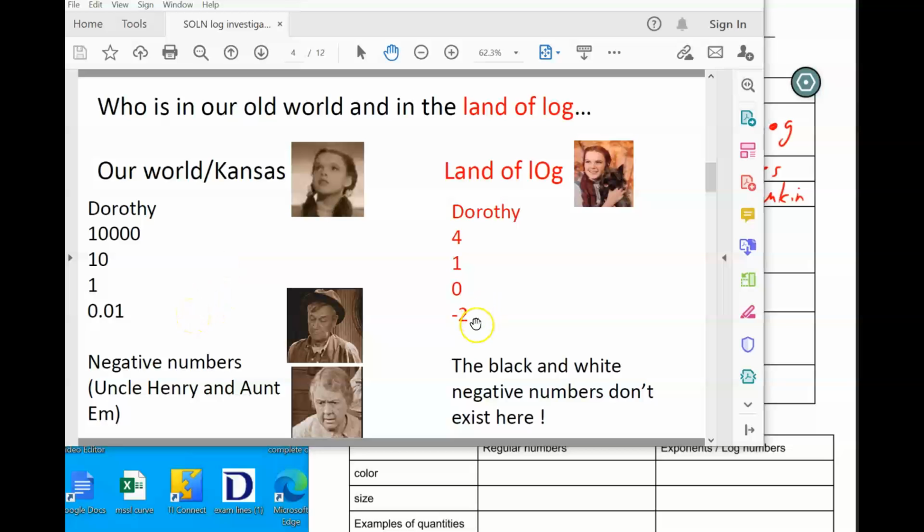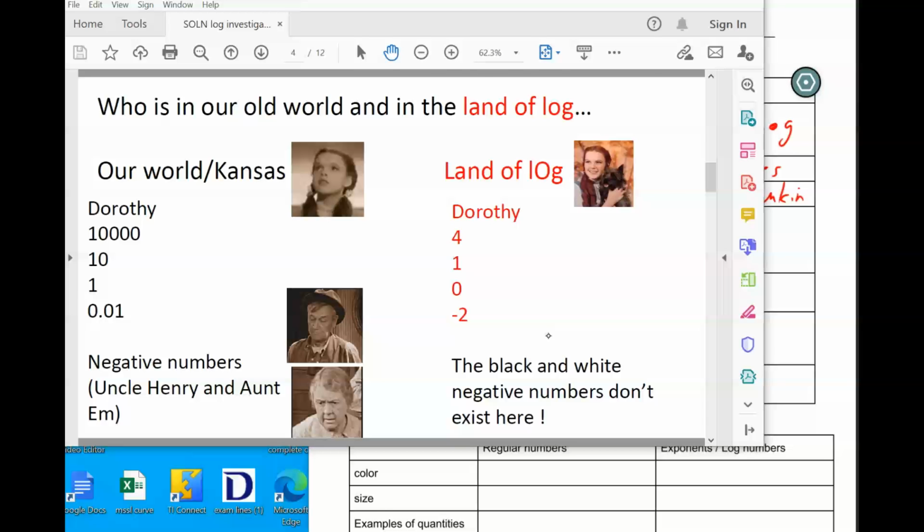Actually, the red negative 2 isn't even a negative number in the old world. In the old world, it's actually equal to 0.01. So negative black and white numbers don't even exist in the land of Log as themselves. Just like Uncle Henry and Auntie Em, they don't exist in the land of Log when Dorothy goes there.